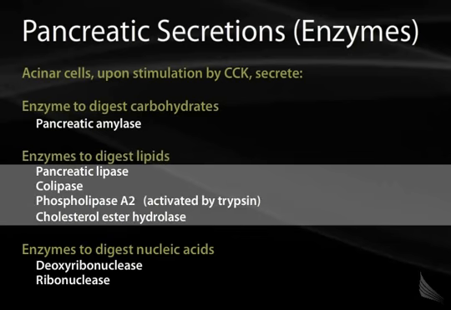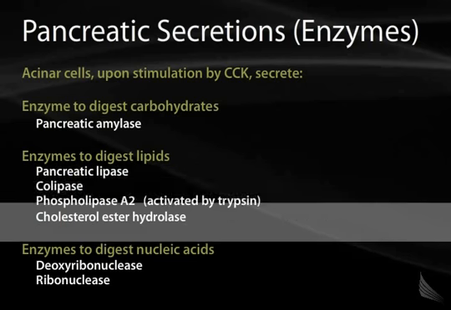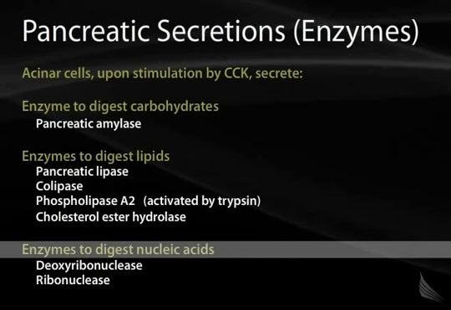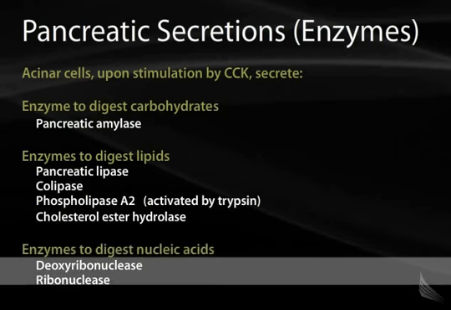These are pancreatic lipase, colipase, phospholipase A2, which is activated by trypsin, and cholesterol ester hydrolase. They also secrete enzymes to digest nucleic acids, namely deoxyribonuclease and ribonuclease. Therefore, stimulation of the pancreas by cholecystokinin is important for causing release of enzymes which are pivotal in digesting food once it's entered the duodenum.